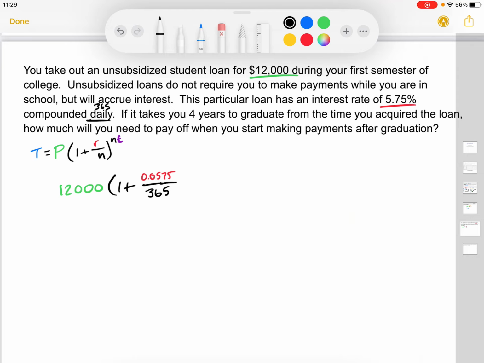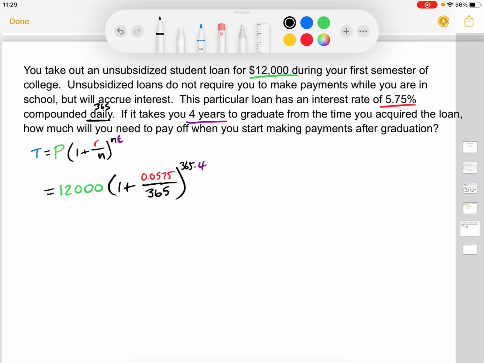It takes you 4 years to graduate, so you graduate right on time. So that's your t value, and that's 365 times 4.